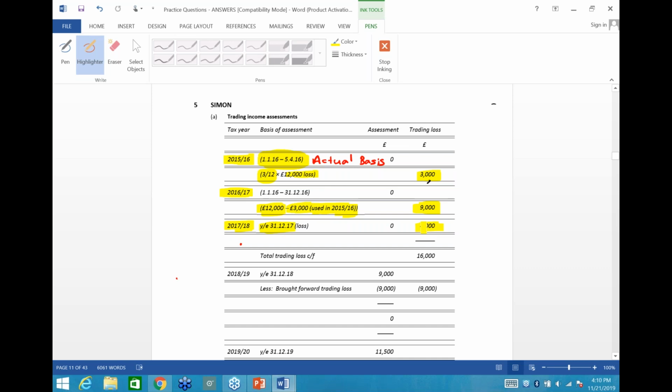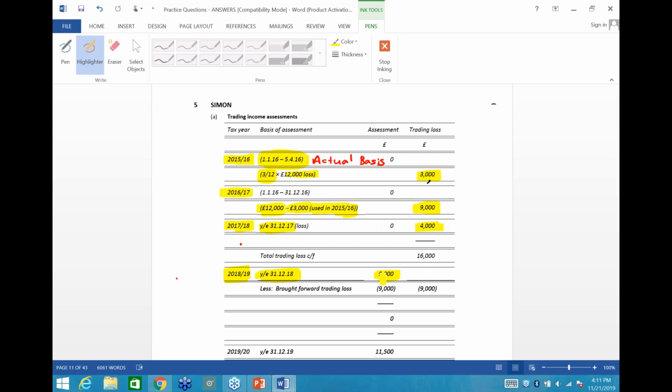Then 18-19 tax year. Is there a period of account ending in the tax year 18-19? According to the information given, 31st December 2018 falls into 18-19 tax year. There it's not a loss, it's a profit of 9,000 pounds. So just leave it like that.